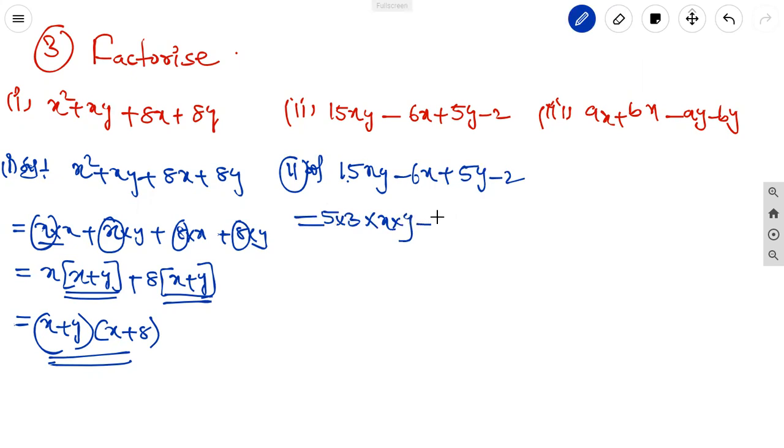Minus 6 can be written as 3 into 2 into x, plus 5 into y minus 2. Here 3x is taken outside in the first two terms, just observe it, and 5y minus 2. Here the same thing, 5y minus 2, means 2 can be written as 2 into 1.